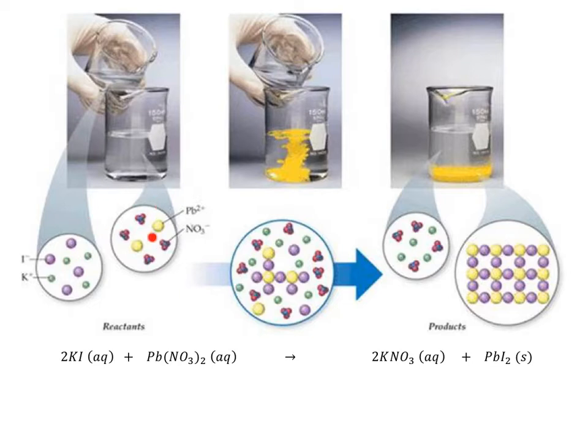When I mix these two together and the lead and the iodide ions see each other, because lead-2 iodide is insoluble, they will fall out and form this yellow precipitate, this yellow solid that will settle to the bottom. And then the potassium and the nitrate ions, because potassium nitrate is soluble, remain floating around in the solution.